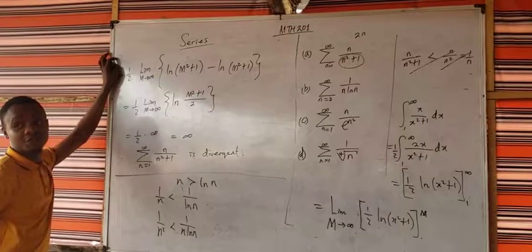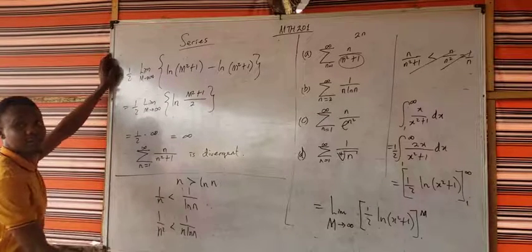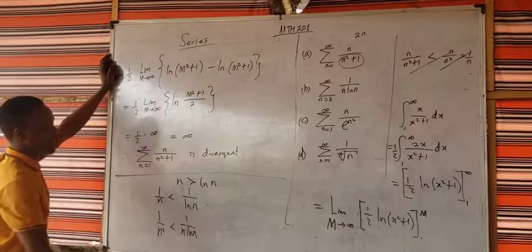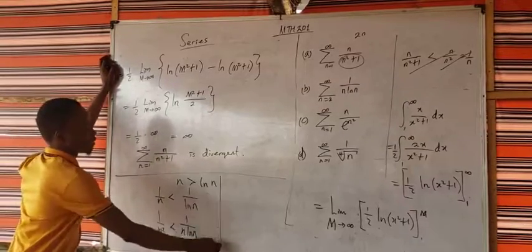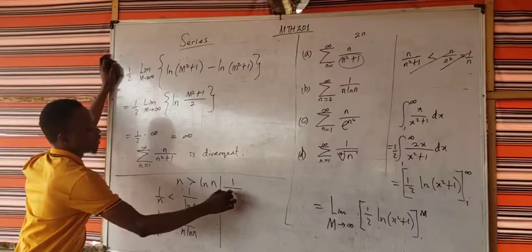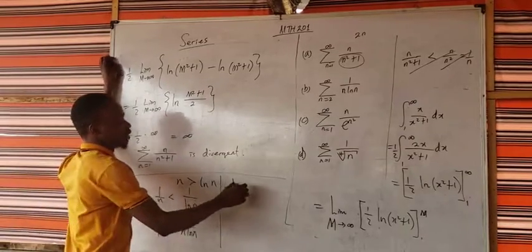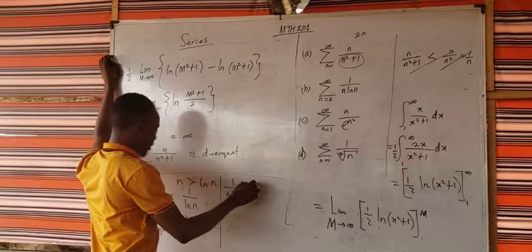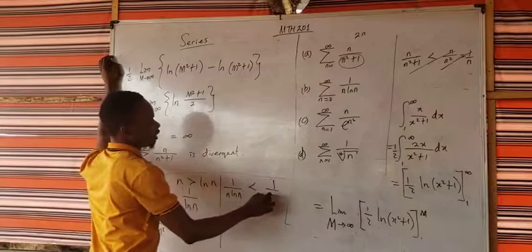You cannot conclude. This is convergence, and it is greater than the convergent series. You can also say that 1 over n ln n is less than 1 over n.